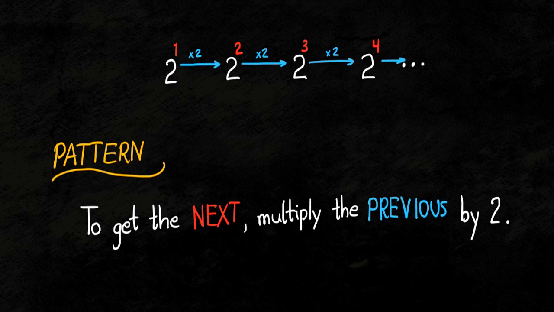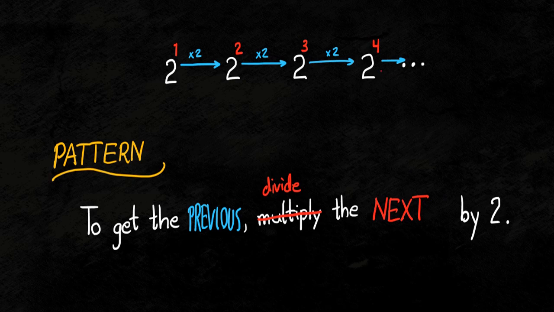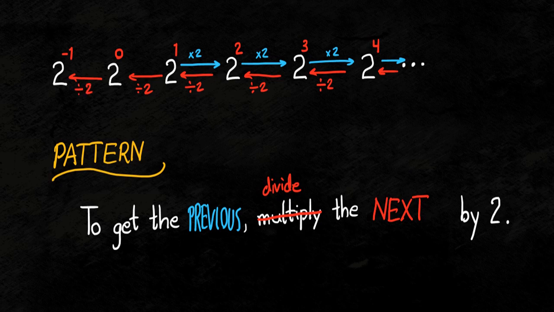Or equivalently, we can say that to get the previous power, we divide the next by 2. If we wish to continue this pattern, then we must define 2 to the power of 0 as 2 to the power of 1 divided by 2, which is equal to 1. And similarly, we must define 2 to the power of -1 as 2 to the power of 0 divided by 2, which is a half, and so on.